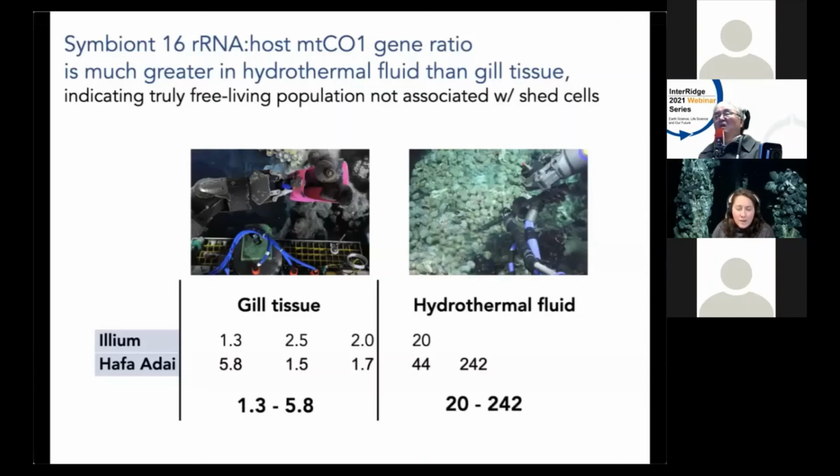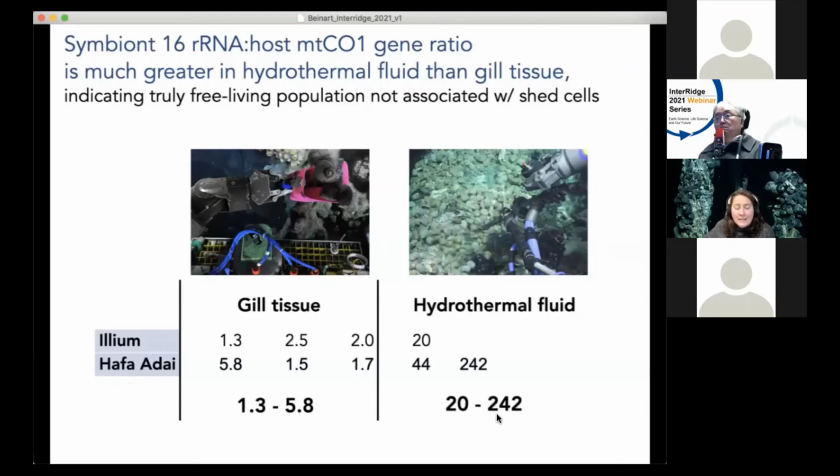One way we addressed this was by calculating the symbiont 16S rRNA gene versus host mitochondrial CO1 gene ratio in our samples, and comparing that in our gill tissue versus our hydrothermal fluid. In our gill tissue, the ratio of symbiont to host genes was up to about 6, whereas in the hydrothermal fluid, it was up to 242.